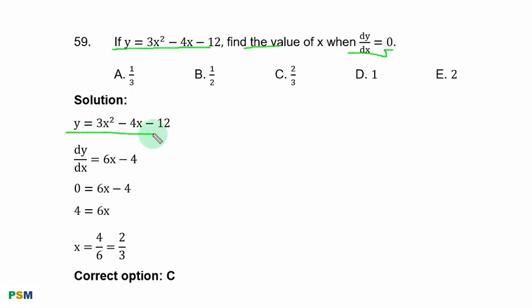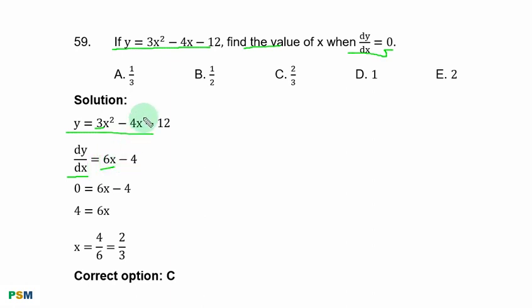When differentiating an algebraic function, you use the power to multiply the coefficient. You take the power down and subtract 1 from it. So dy/ds is equal to, you use 2 to multiply the coefficient here, 3, you have 6. You take 2 back and subtract 1 from it, you have s power 1.